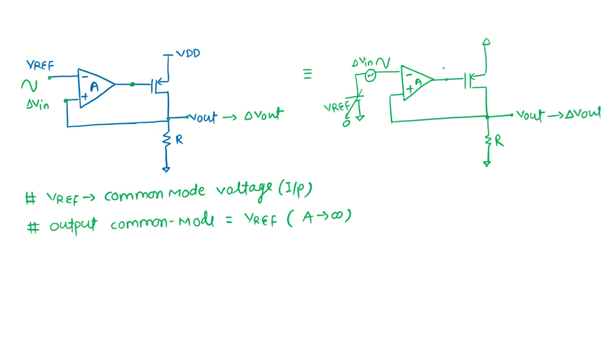So what is the value of this node X? I'll say Vx small signal is nothing but del Vout minus del Vin times A. So this is the node voltage. Now this transistor, let's say M0, is nothing but a common source configuration.